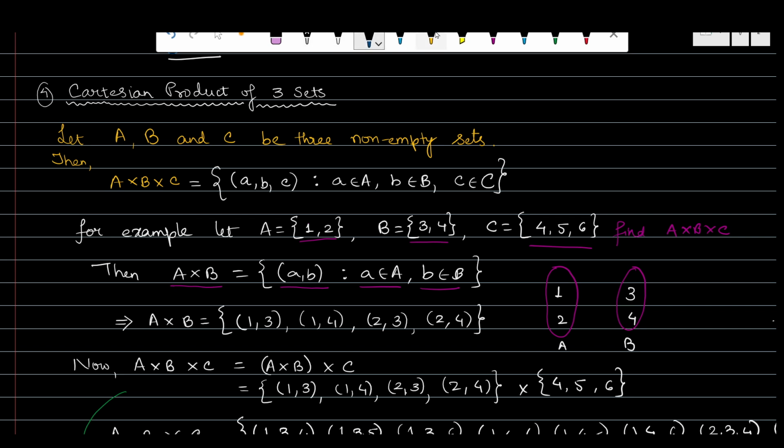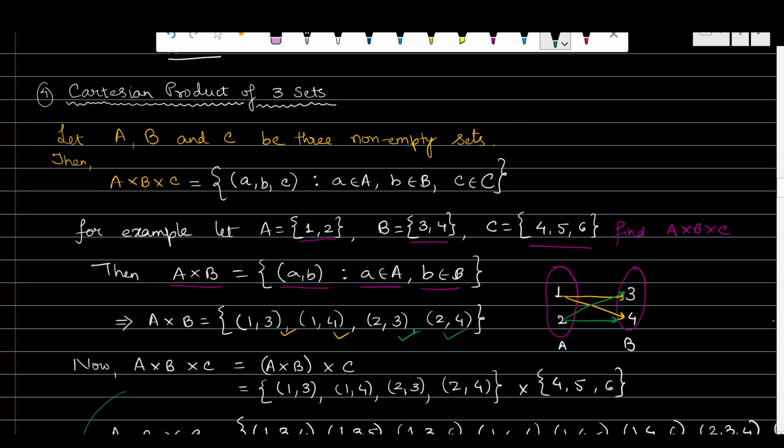So now the mapping will be: 1 goes to 3, 1 goes to 4, (1, 3), (1, 4). Now 2 goes to 3, (2, 3), and 2 goes to 4, (2, 4). I hope this is clear to all of you.